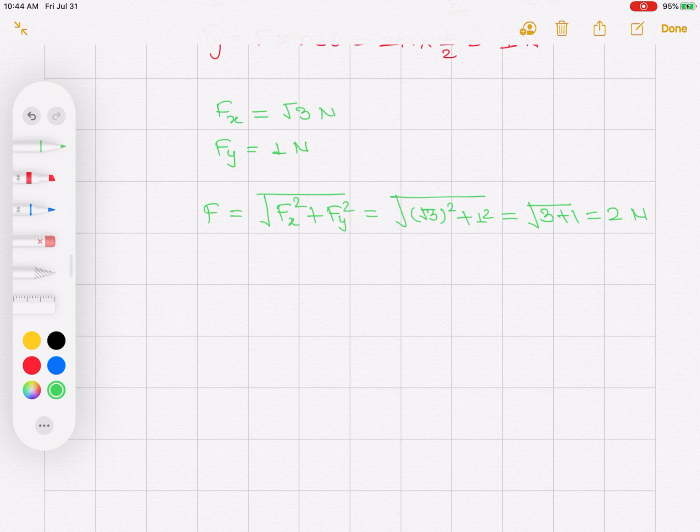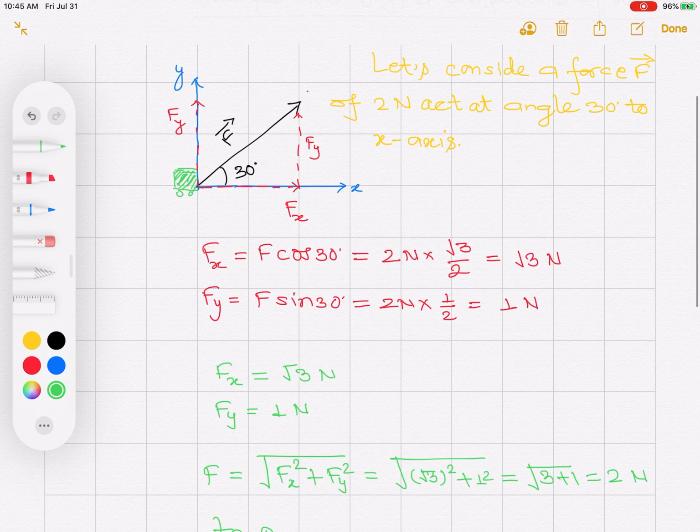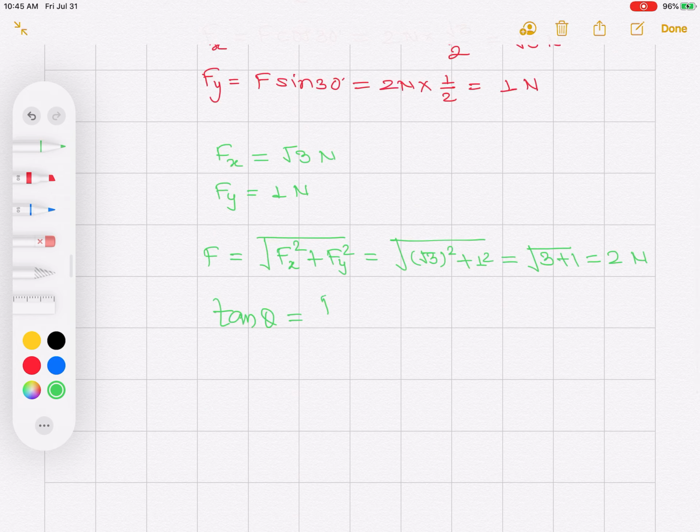Now I need to find out the angle. Suppose this force makes an angle theta with the x-axis. Then in this triangle, tan theta is equal to F_y divided by F_x.